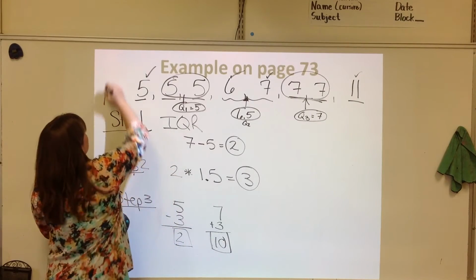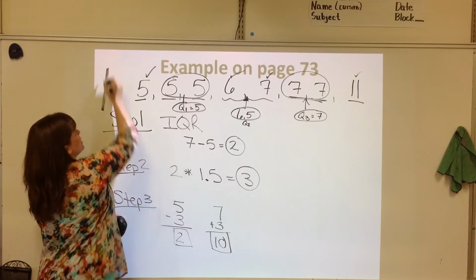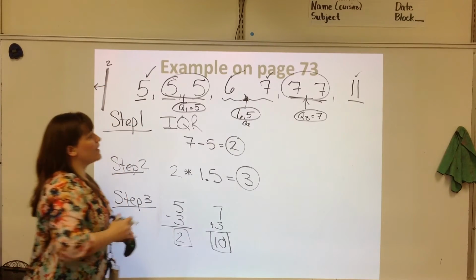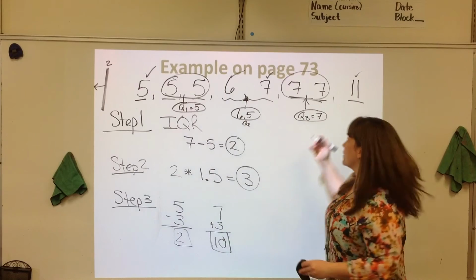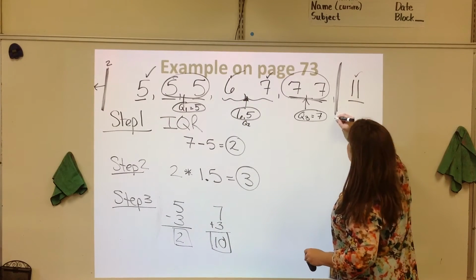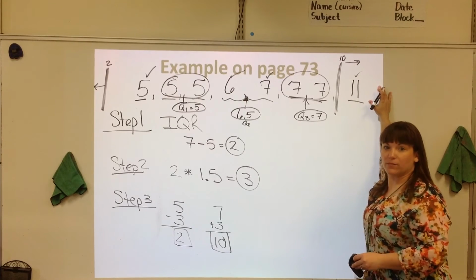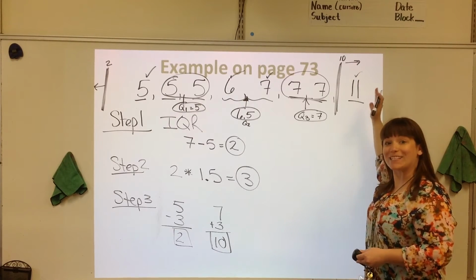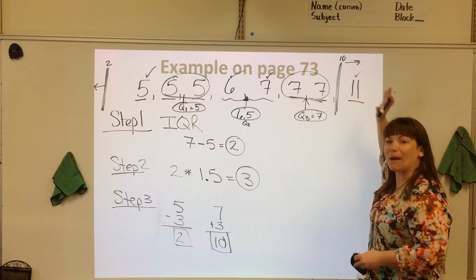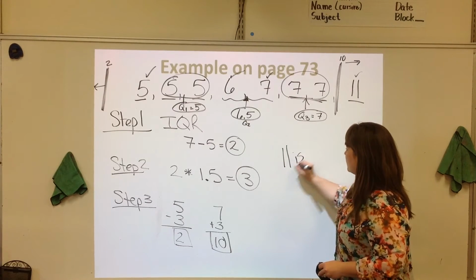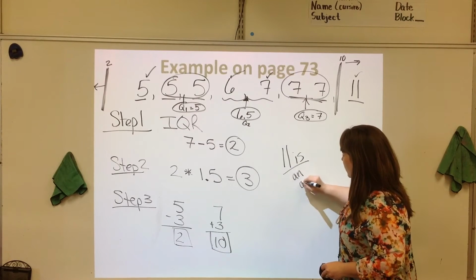So anything less than 2 is an outlier, and anything greater than 10 is also an outlier, which proves to us that yes, 11 is beyond that boundary, so 11 is an outlier.